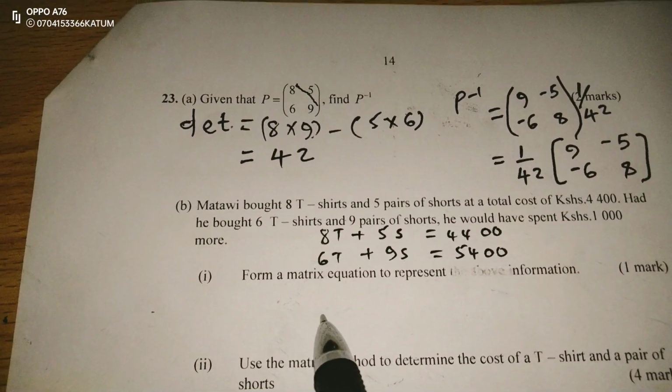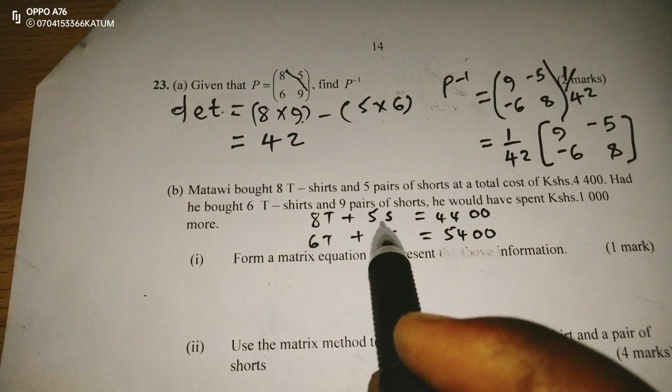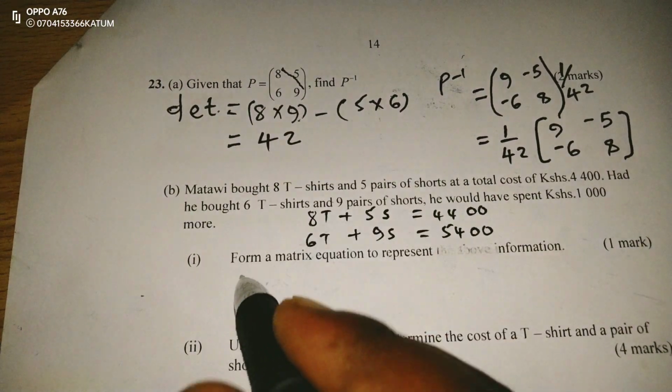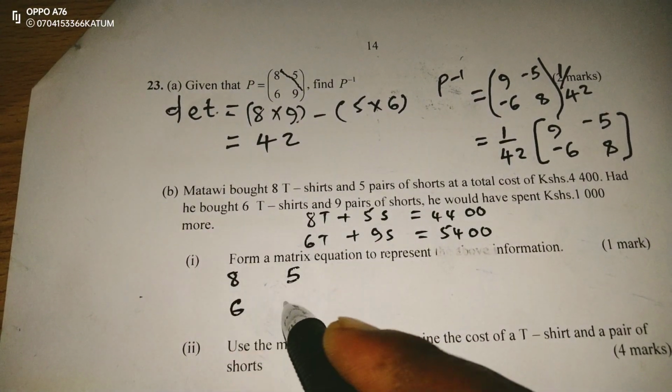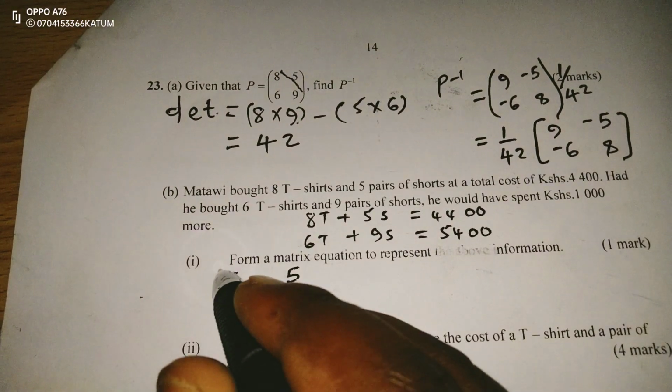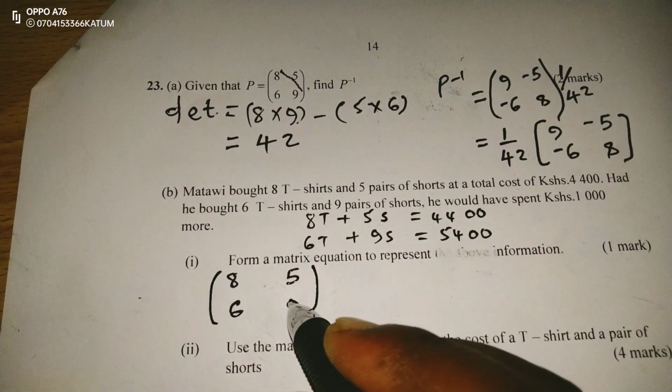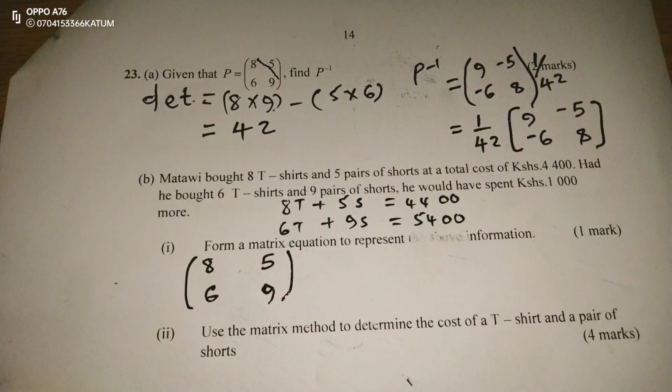So we come up with the matrix equation, which will be 8, 5, 6, 9. This is called the coefficients matrix.